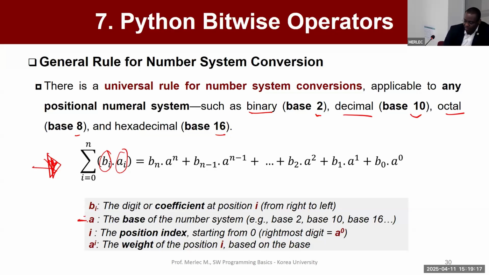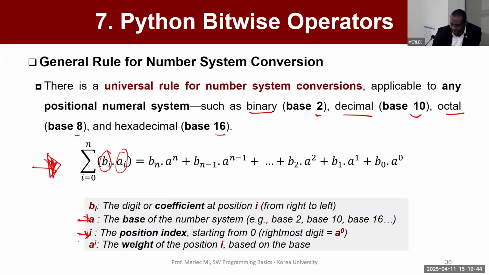The a here represents the base through which you are representing the number you want to convert. And then i represents the positional index of the digits, from 0 to the highest power.